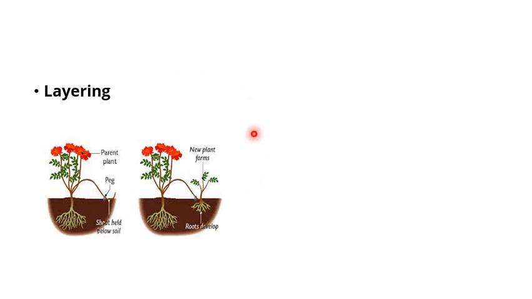Another type of artificial vegetative propagation is layering. Here, one part of the stem is bent and covered with soil, while still attached to the parental plant.